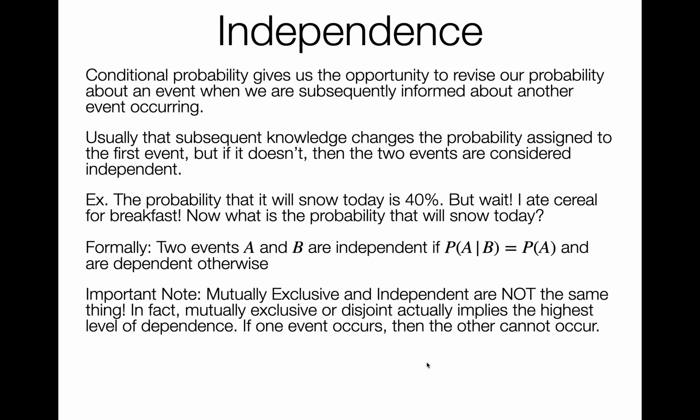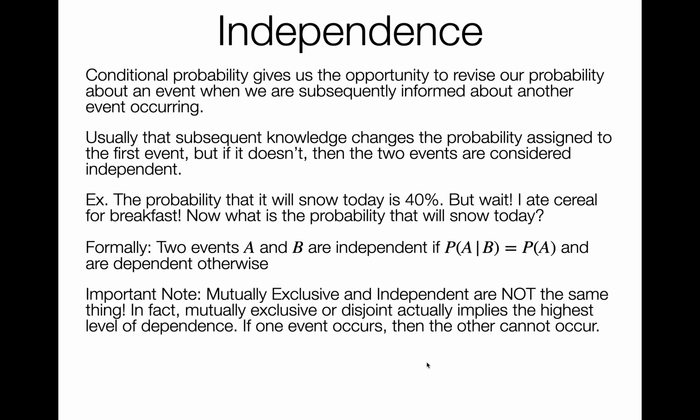Mutually exclusive events means that two events cannot happen at the same time. There's nothing in common. Independent events means that one does not have any effect on the other. They sound similar, but in fact they're not. Furthermore, they cannot be more different from each other.